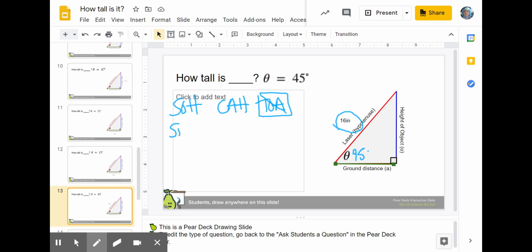So we're going to work it out the same way. Sine 45 equals opposite over hypotenuse, and cosine of 45 equals adjacent over hypotenuse. Do I switch them or multiply them?